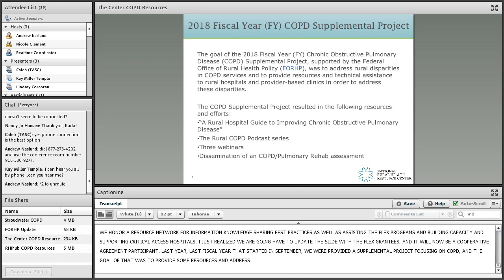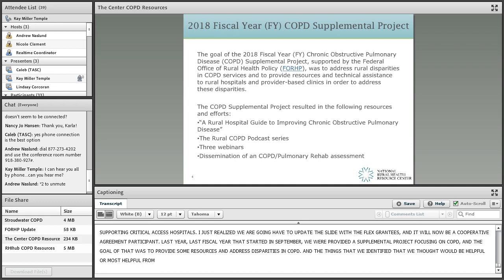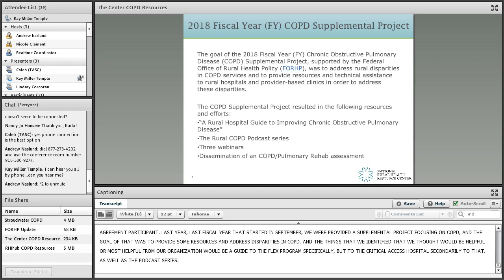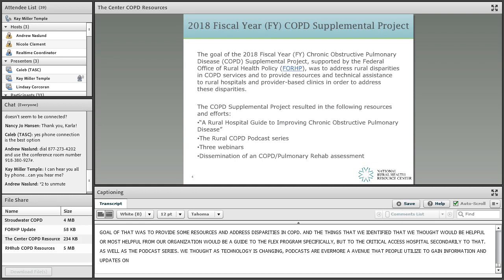The things that we identified as most helpful from our organization would be a guide to the Flex program specifically, but to the critical access hospital secondarily, as well as a podcast series. We thought as technology is changing, podcasts are ever more an avenue that people utilize to gain information and updates on what's happening. So we'll get into each one of these as we go.